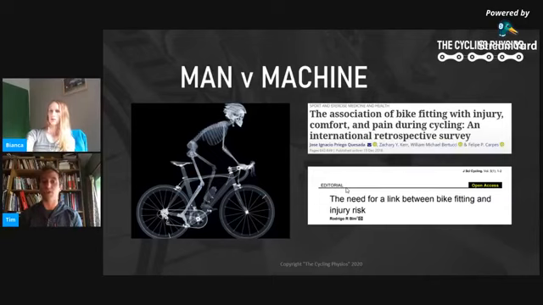So there's always this debate about how much of it is regarding the bike fit as the driver for any potential injury, in this case knee injury, or is maybe bike fitting not the key factor, and is it other things, even just training loads and training patterns, and is that maybe more of the risk factor? And of course, when we're talking about these knee injuries, these are non-traumatic musculoskeletal injuries that we're talking about.